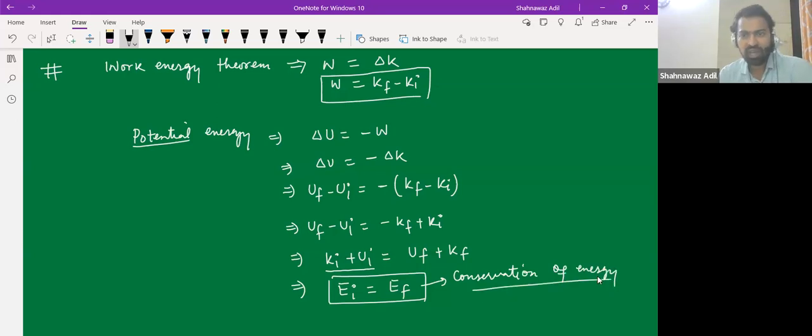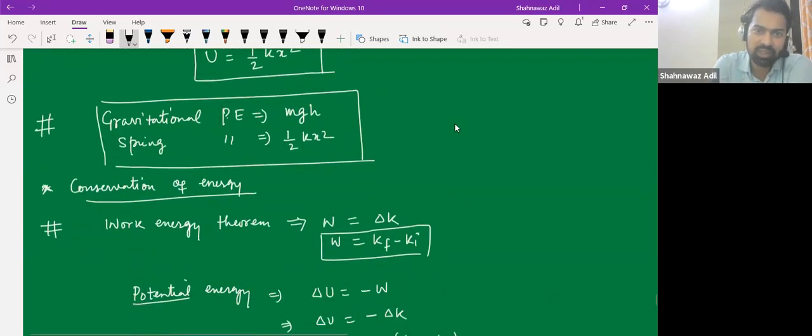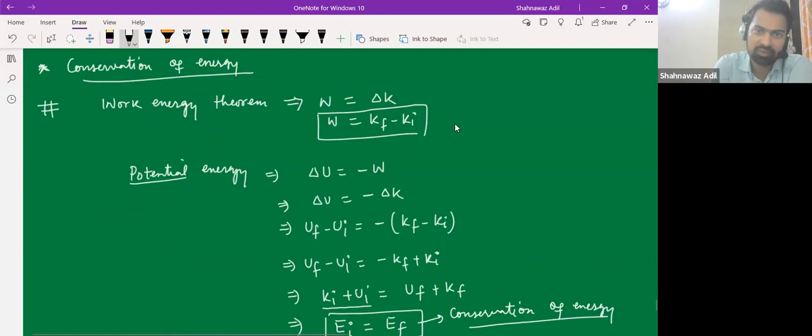So whenever we have conservative forces involved, then the energy would be conserved, right? Yes, sir. So we will see two examples of this in a moment. But you guys please note down this part, conservation of energy part.